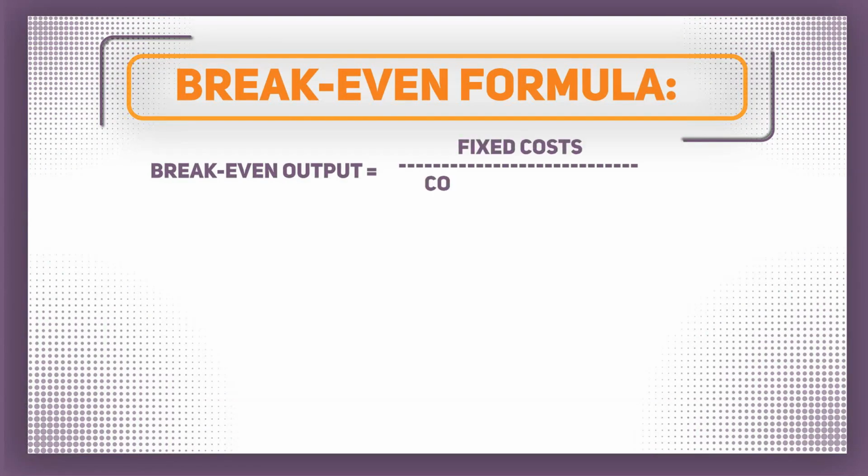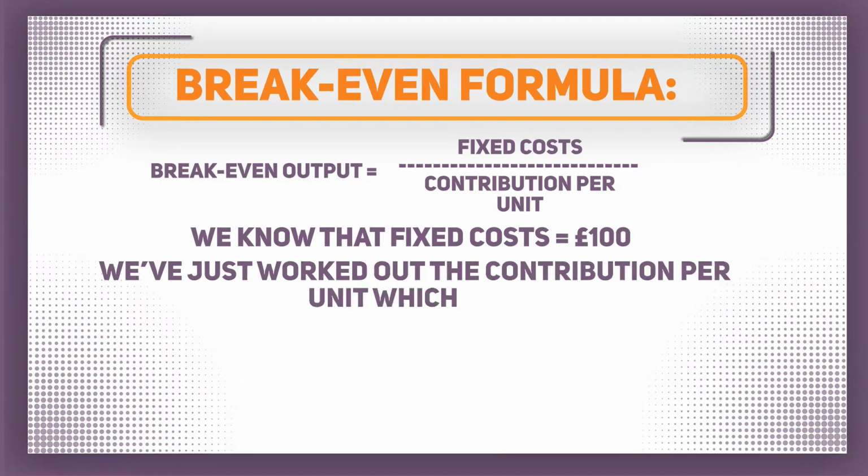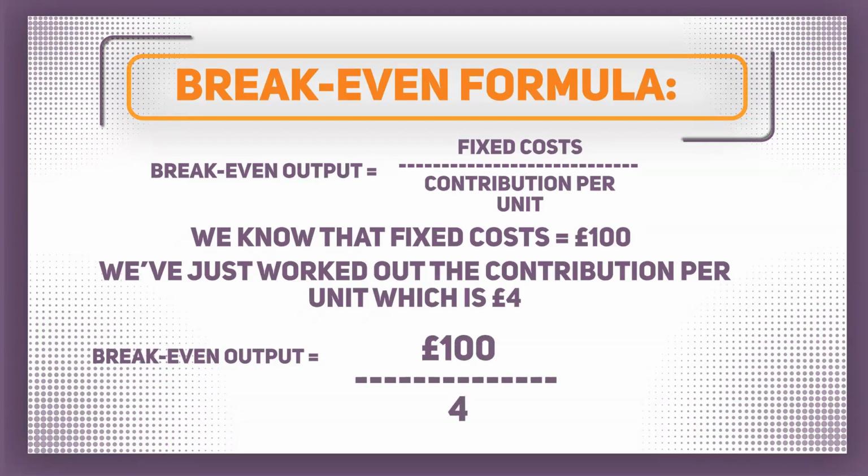As a reminder, the formula is the break-even output equals the fixed costs divided by the contribution per unit. We know that the fixed costs are £100. We've just worked out that the contribution per unit is £4. So the break-even output is £100 divided by 4, which equals 25 units.